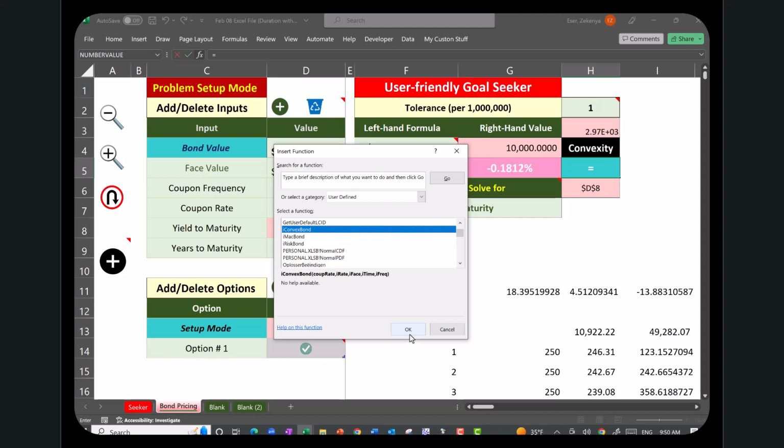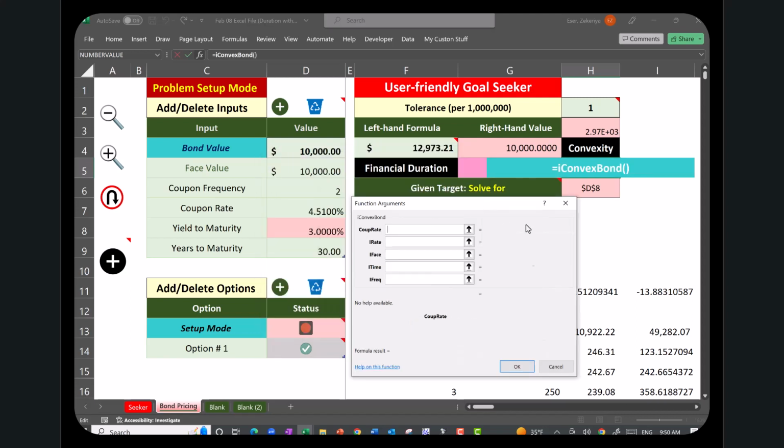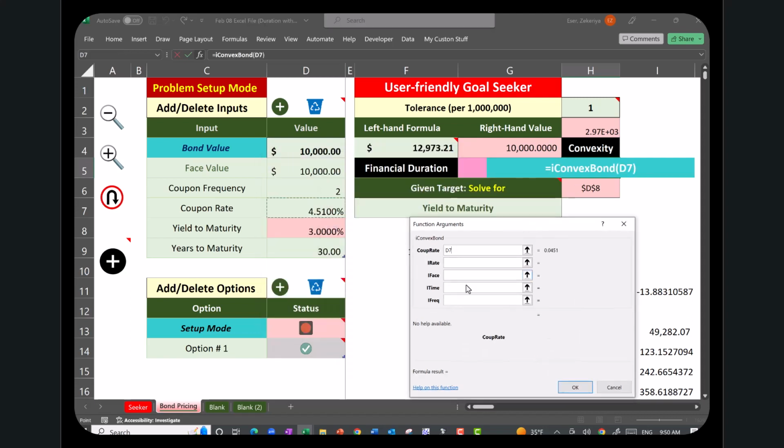I mean, technically we have a lot of real estate here, but okay, what's my coupon rate? Right there. Interest rate, which is yield to maturity, right there. Face value. Technically, I could assume face value as 1.